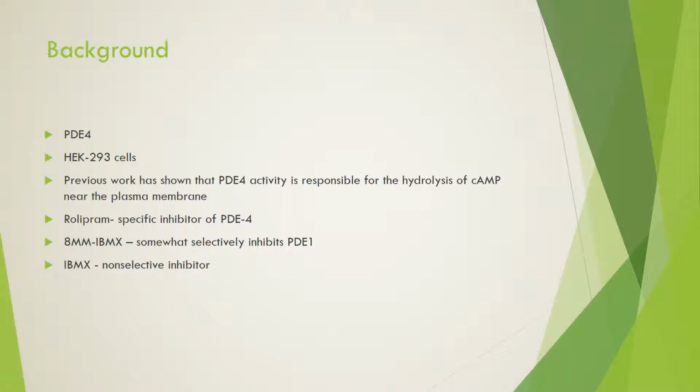So it's important for this experiment where they are measuring the subcellular activity of the enzyme phosphodiesterase. Throughout this experiment, they observed two populations of phosphodiesterase in the lysate of the HEK293 cells.